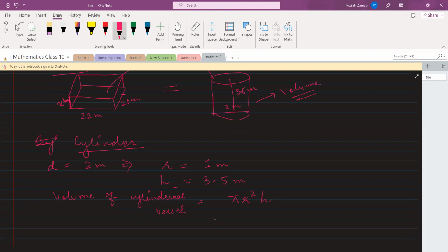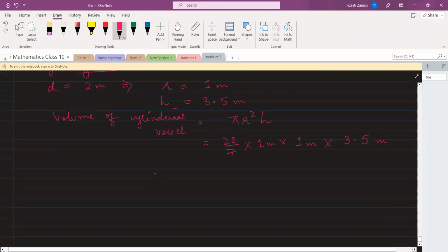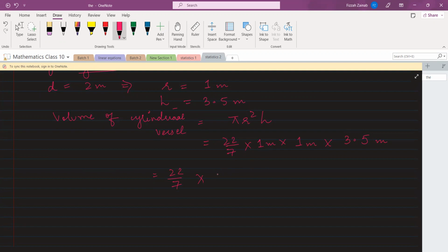So 22 by 7 into radius is 1 meter, so 1 meter into 1 meter, and height is 3.5 meter. If you remove the decimal, it will be 22 divided by 7 into 1 into 1 is 1 and it will be 35 divided by 10.